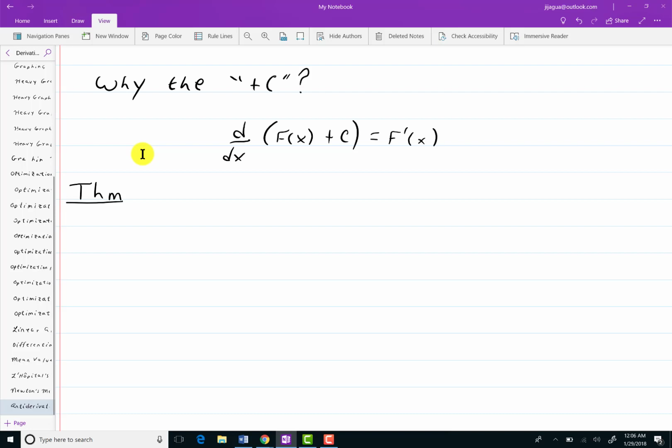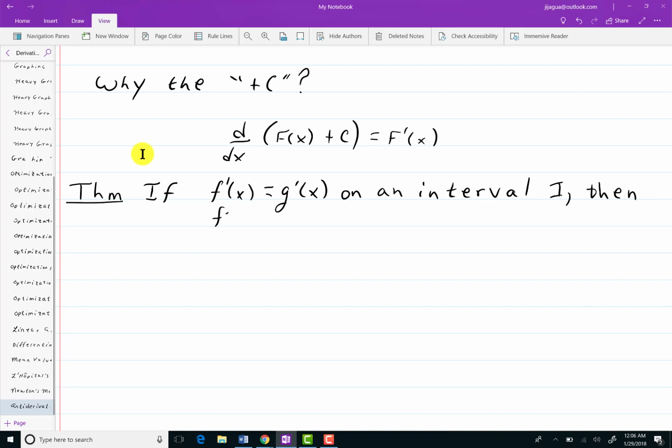In fact, we had a theorem back when we did the mean value theorem that said if f prime of x equals g prime of x on an interval I, then f of x minus g of x was equal to a constant on that interval.